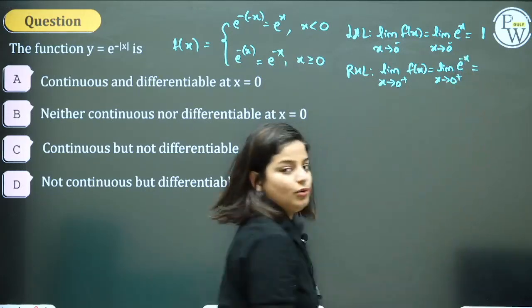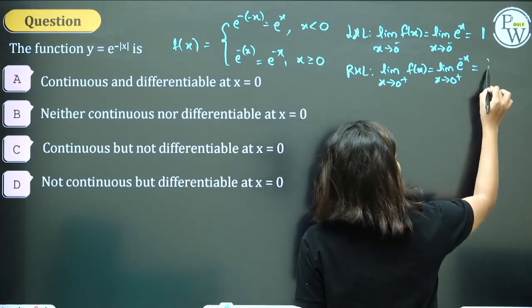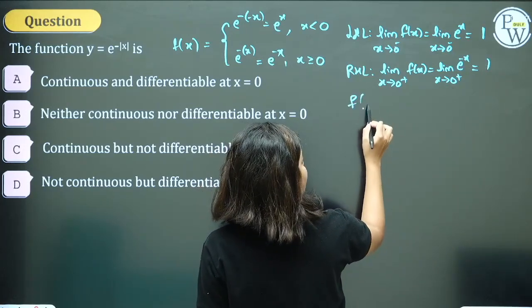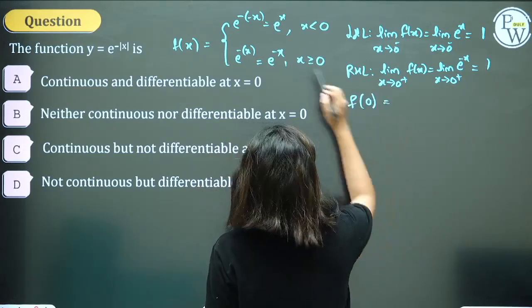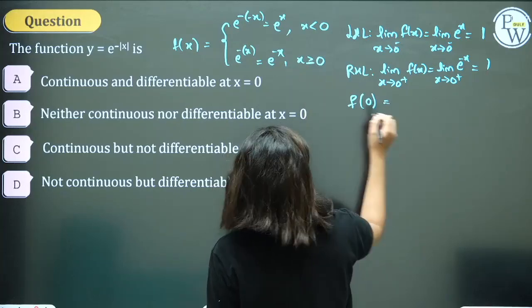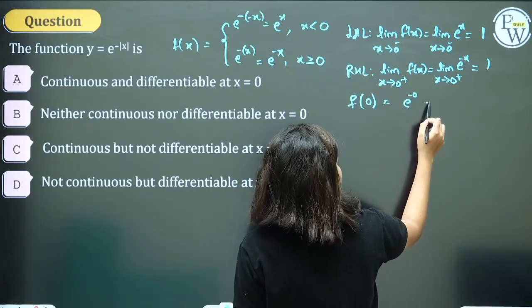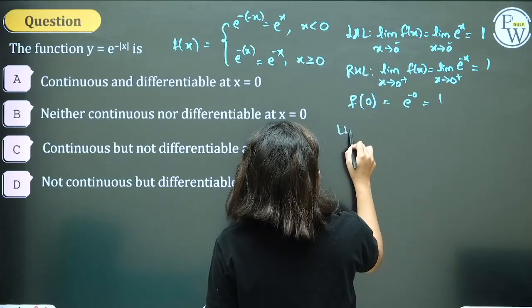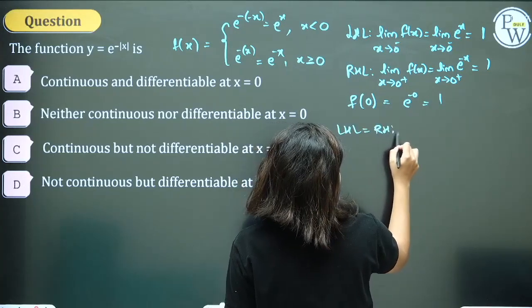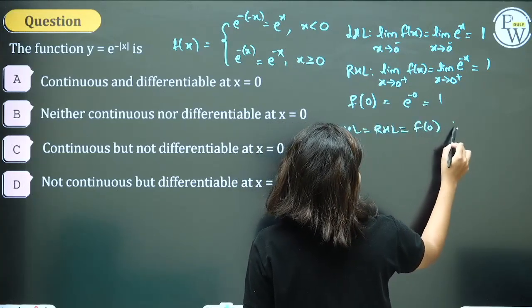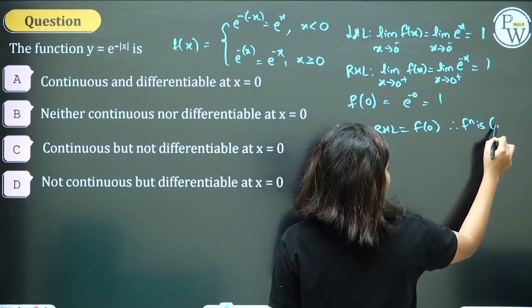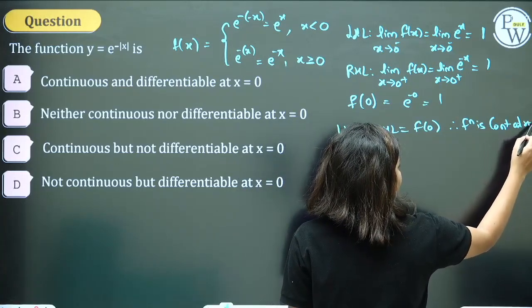Put x as 0, anything raised to 0 is 1. Great. We will also find f of 0. Here x is equal to 0, so e raised to minus 0 is same as 1. LHL is equal to RHL and is equal to f of 0. Therefore, the function is continuous at x equal to 0.